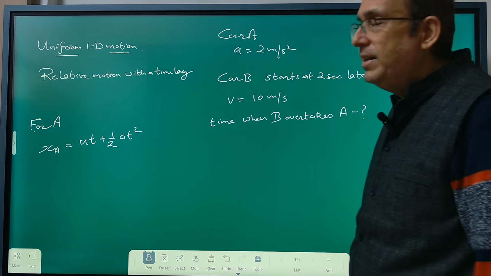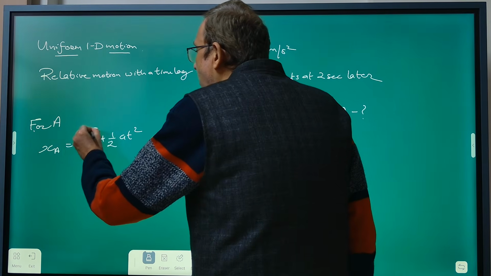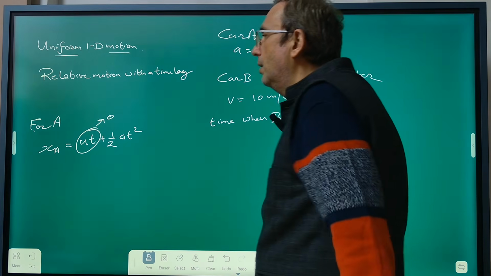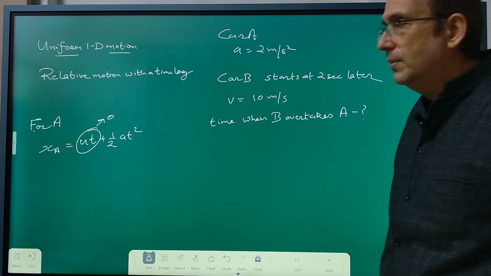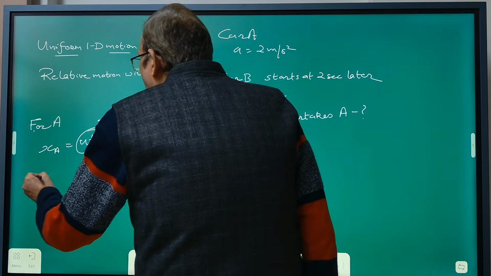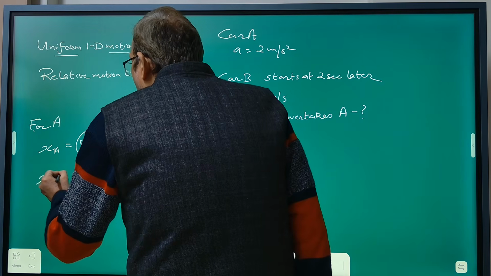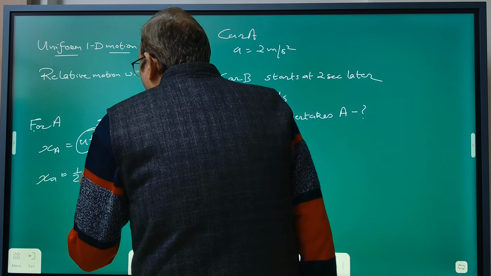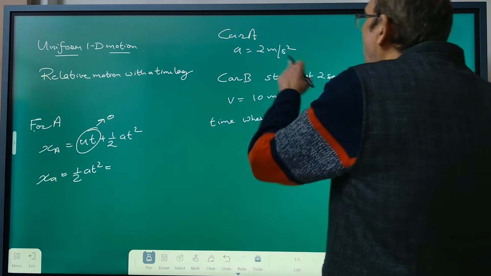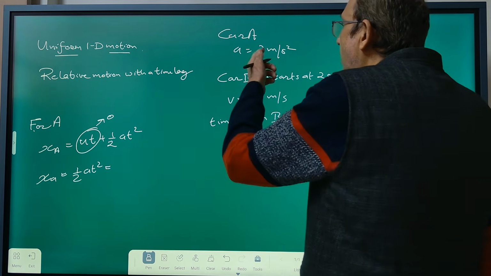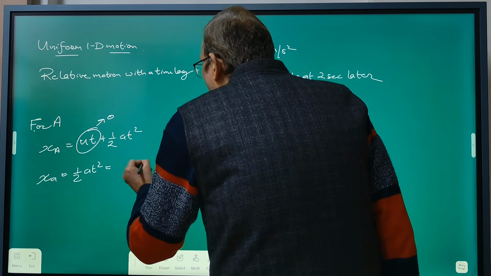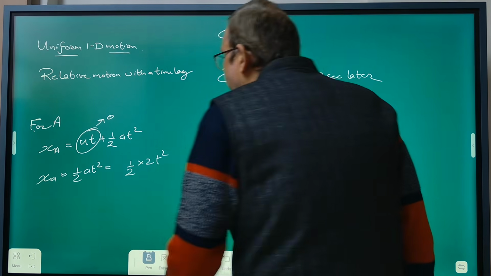You know that u is 0, so this term goes to 0. So x of A is simply half at square, which is, since the acceleration is given to you, half into 2 t square.